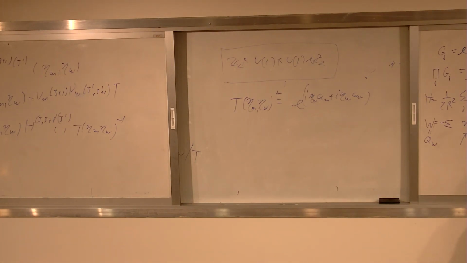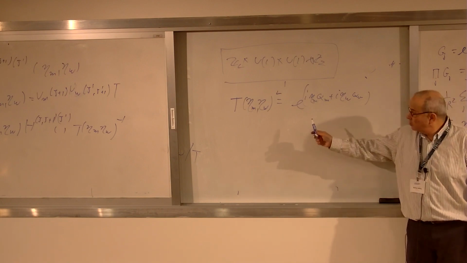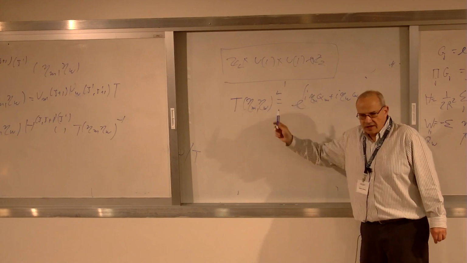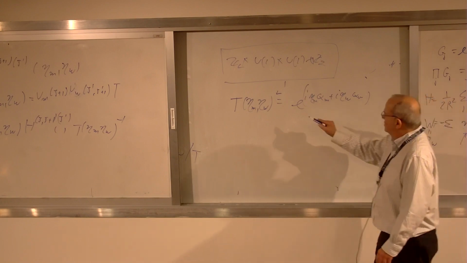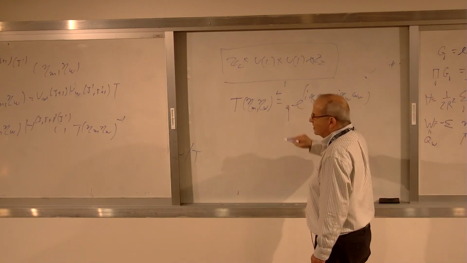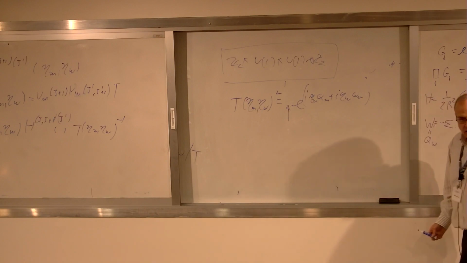Next time, we'll get a lot of consequences out of this fact. That first, the translation group could be realized in a funny way, and especially the fact that there could be anomalies with various phases. For example, these phases here that lead to interesting results.